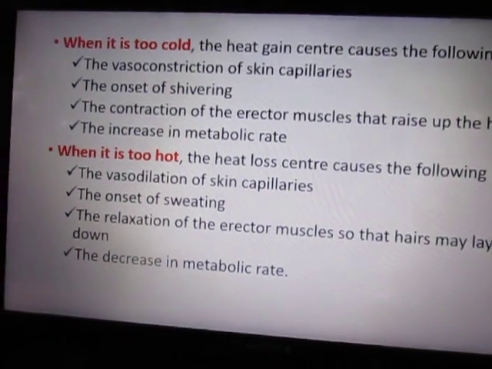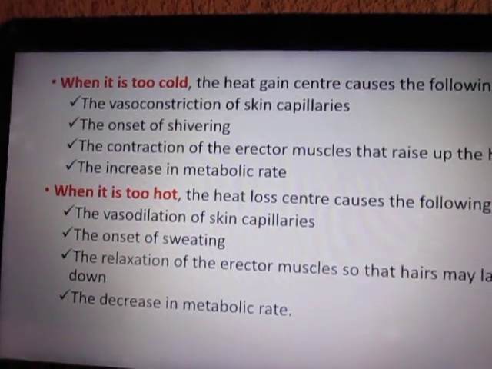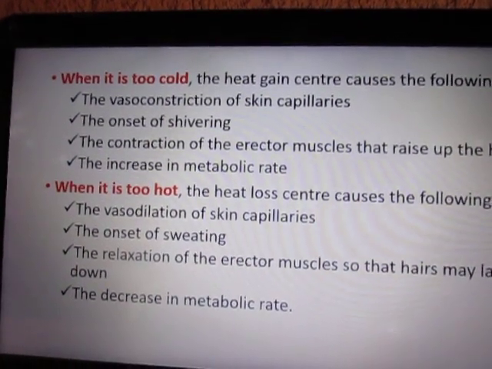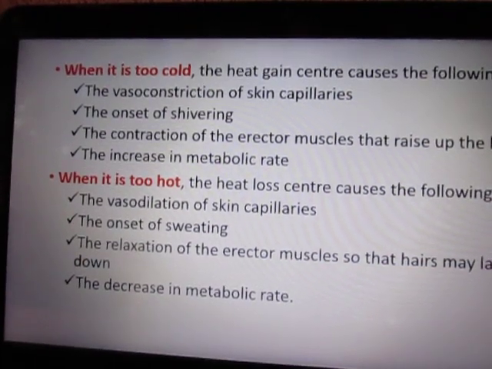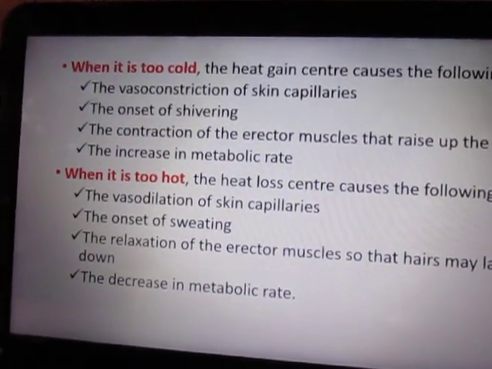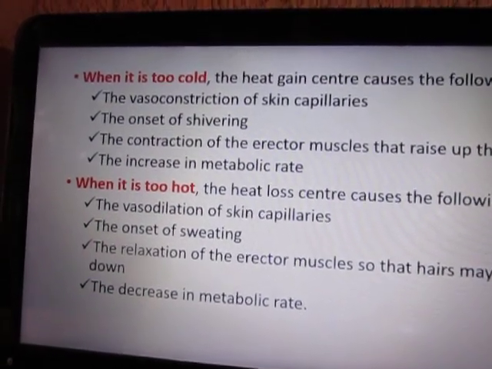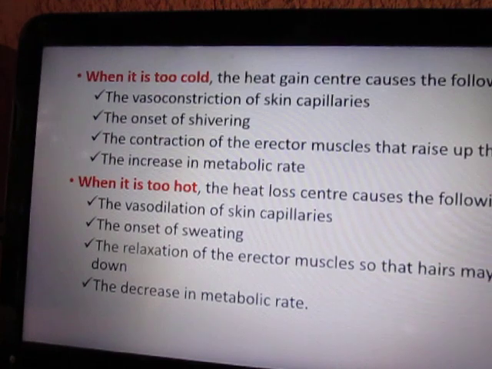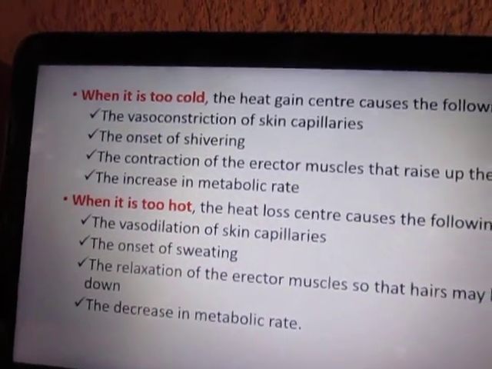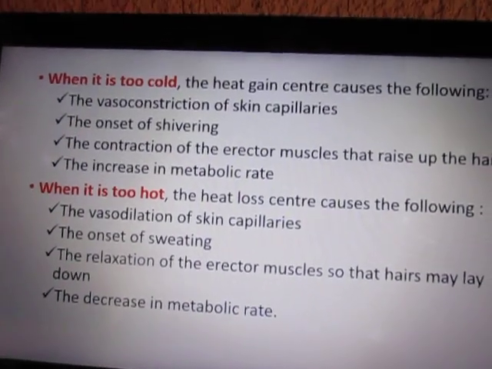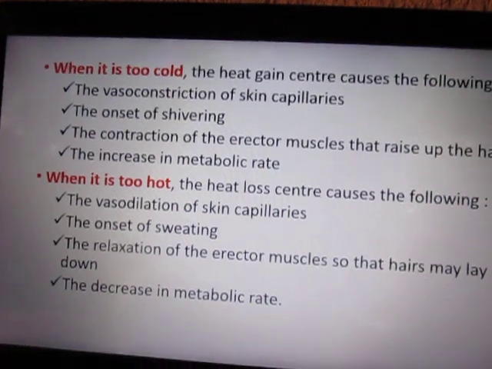You know the principle of physics which says that pressure equals force over surface area. So when the surface area decreases, the pressure will increase. That means the capillaries become very narrow and the blood will have high pressure, running very fast.